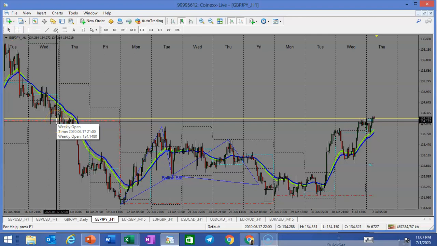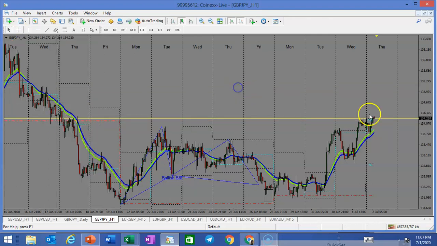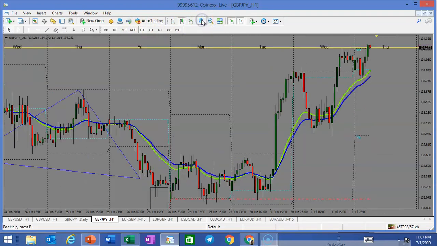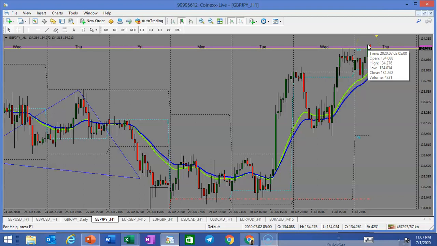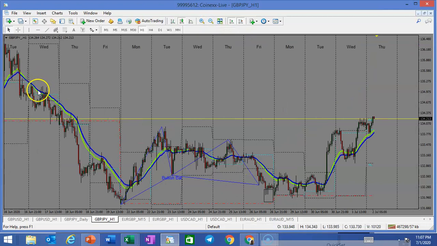Now, it's 11:07. Price broke the open and yesterday's high here, and of course we are on the 1 hour time frame, keep that in mind. Price closed above yesterday's high and this significant level, which is the weekly open from 2 weeks ago.